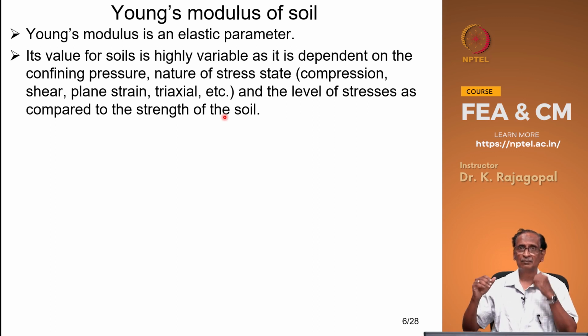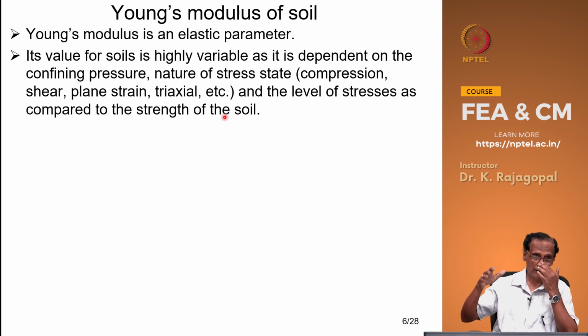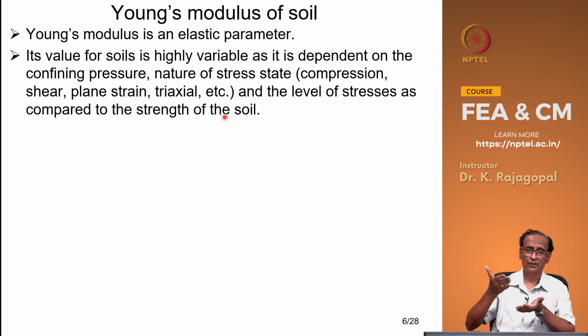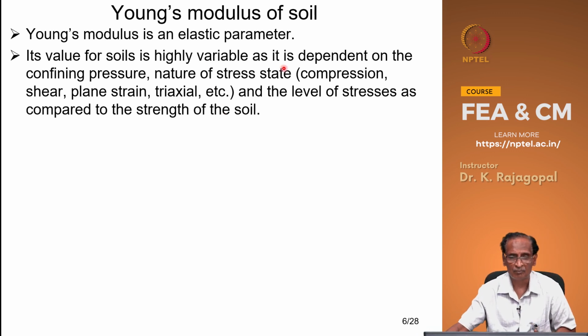So if the shear strength of the soil is 300, and you apply a stress very close to 300, let's say 290, you are almost at the verge of the limit state, so your modulus could be very, very low. Whereas if your stress is only some 25 or 30, you are still in the initial state, so your modulus could be very high.